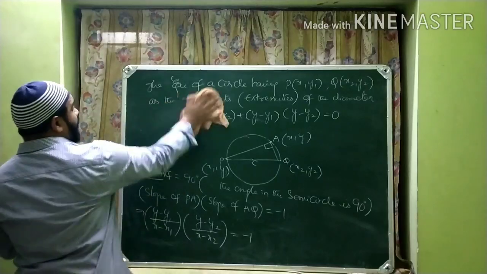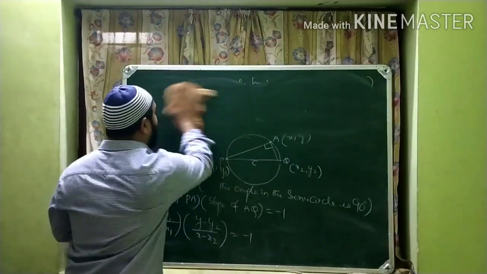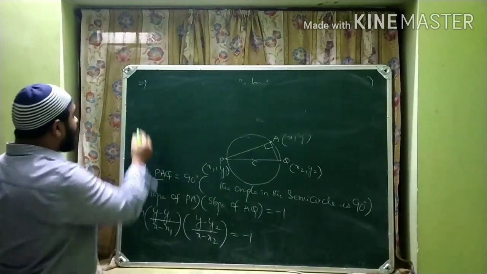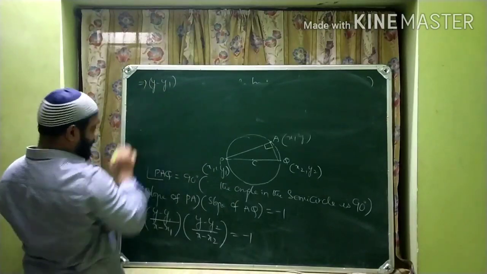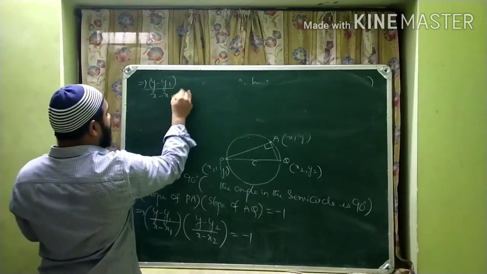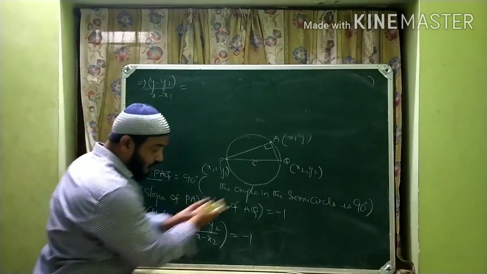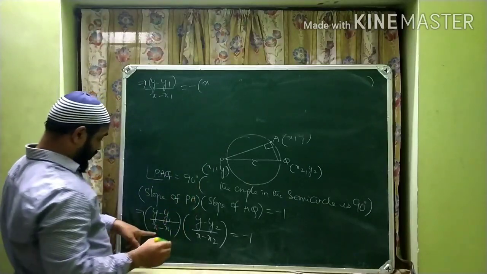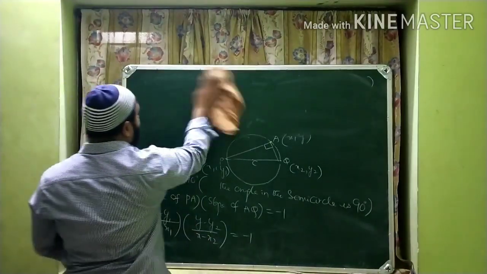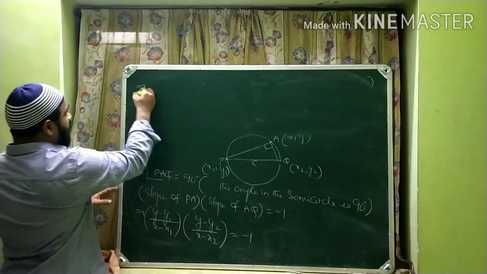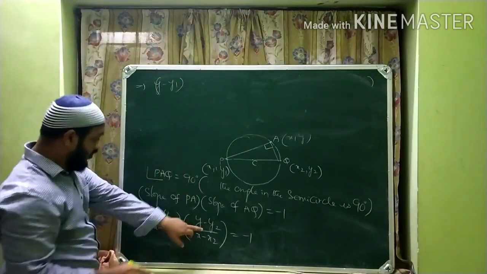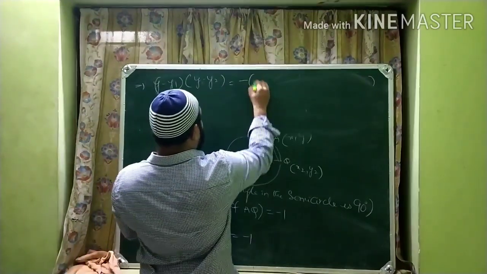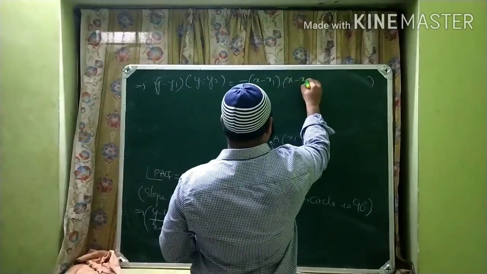So now I'm writing this. So what do we get here? (y minus y1) into (y minus y2) is equals to, if you transpose this on the other side, minus of (x minus x1) into (x minus x2).